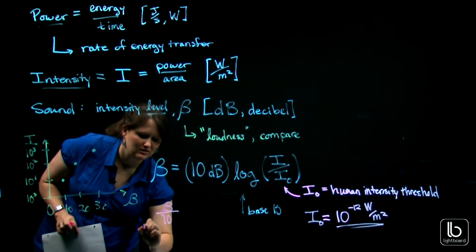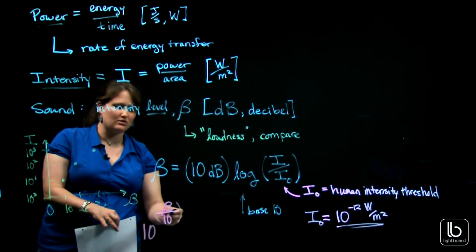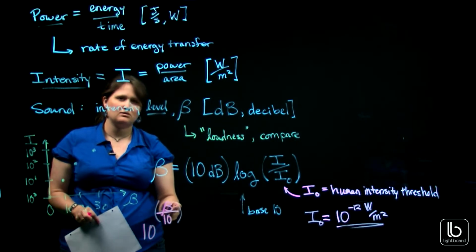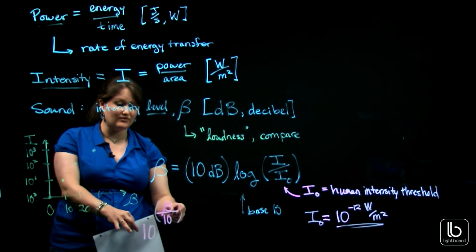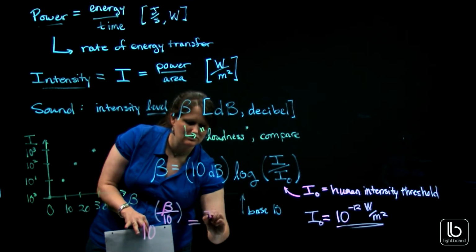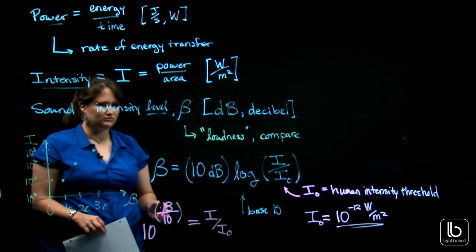So I say 10 raised to the power of my intensity level divided by 10 is equal to I over I naught.